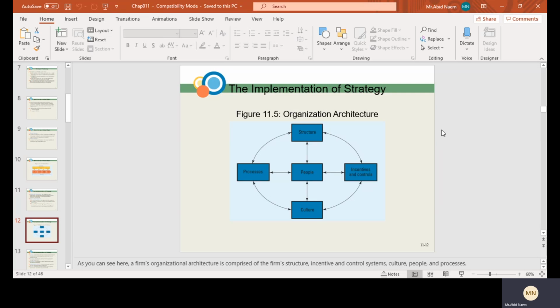And the most crucial element of any organizational architecture is the workforce of that organization. If you look at this graph, this chart, there is two-way communication and two-way influence. People can influence the incentive system, structures, culture and processes, whereas processes can also influence structure, people, and culture. So it's a two-way communication, not a linear flow of information or effectiveness.